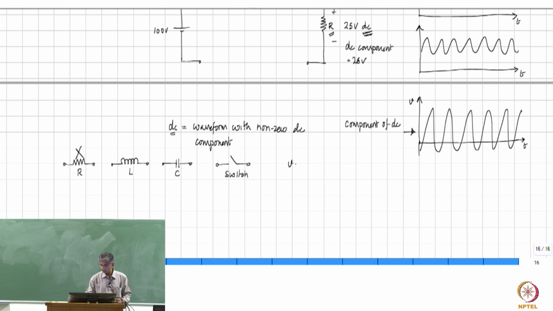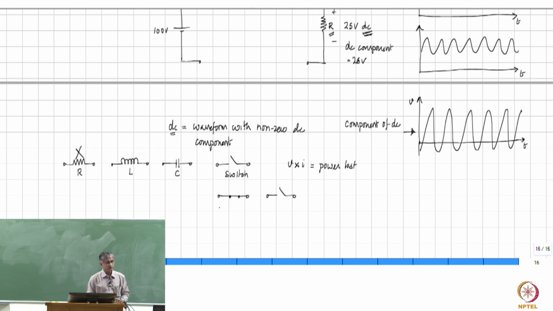So the voltage across the element multiplied by the flow of current in the element is the dissipation. If you take a switch, the switch may be either on or it can be off. There are no other positions for the switch.